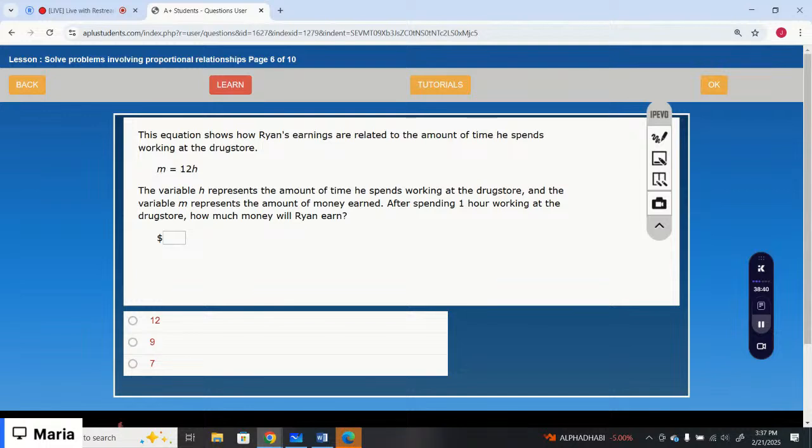M equals 12 times H. After spending 1 hour working at the drugstore, how much money will Rand earn? 12 times 1 is 12. Option number 1 is the correct option.